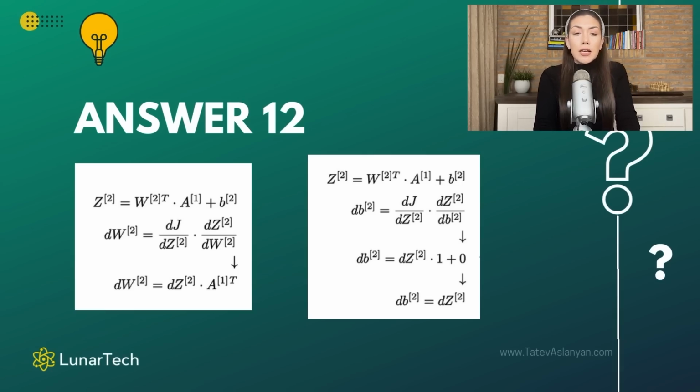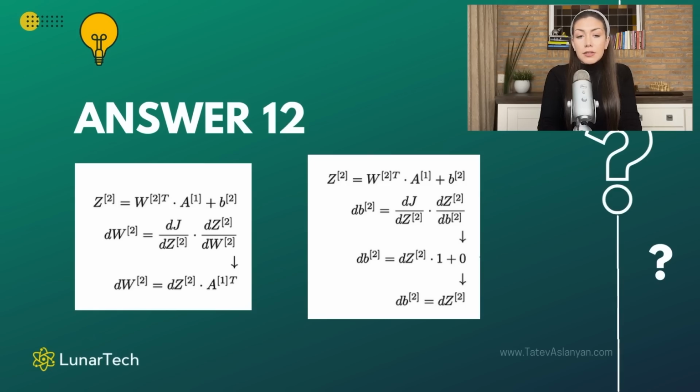As you can see here, z is equal to W multiplied with the activations A plus b, to be more specific, the transpose of the weight matrix multiplied with the activations matrix. Then we are adding the bias vectors, which forms our z's, and then to compute the gradients of the loss function with respect to the weight, so dW, we first need to take the partial derivative of the loss function J with respect to the z-scores, and then we need to multiply with the partial derivative of the z-scores with respect to the weight matrix in order to be able to compute this partial derivative dW.